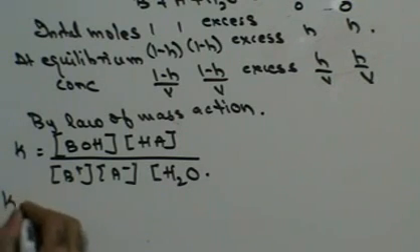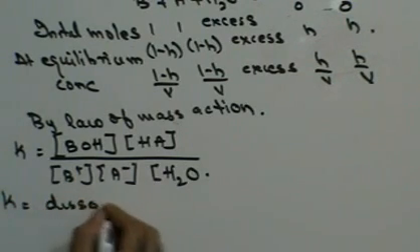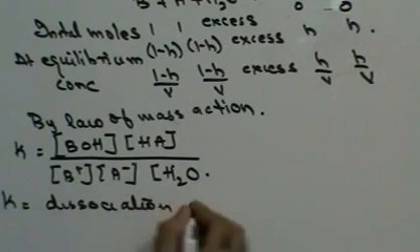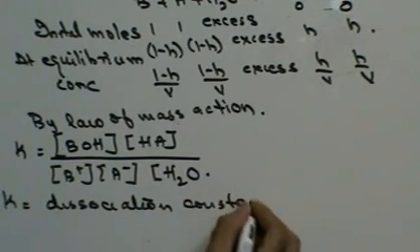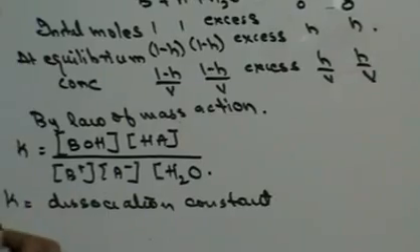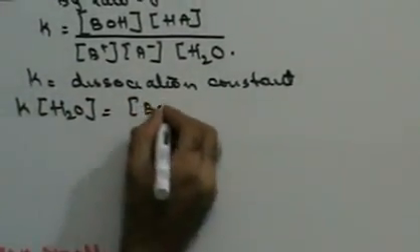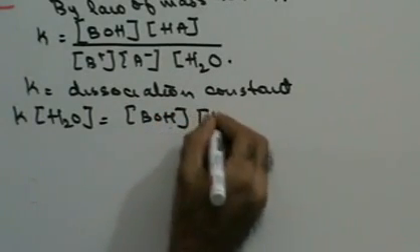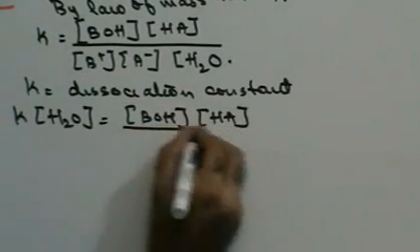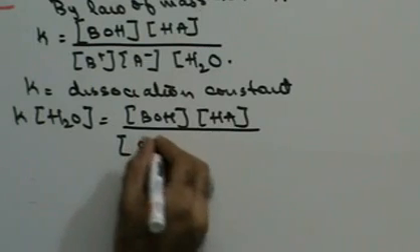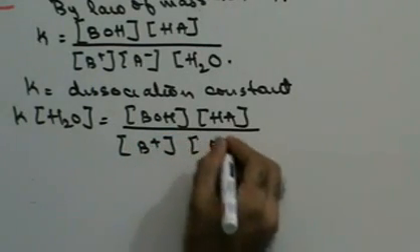Where K is the dissociation constant. Now I can say K into H2O is nothing but BOH into HA upon B plus into A minus.